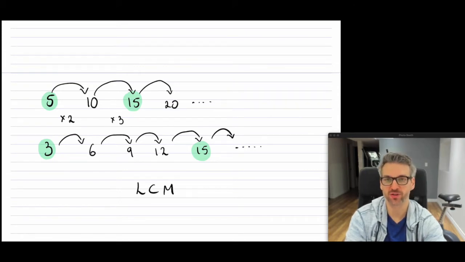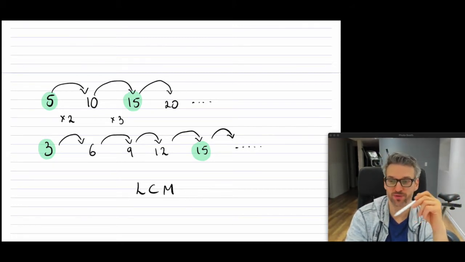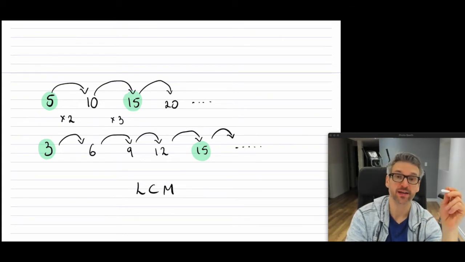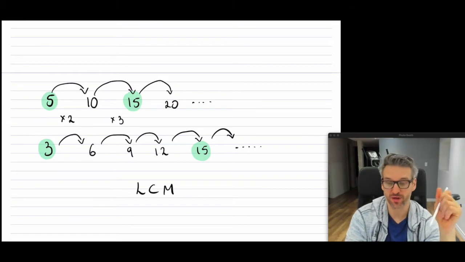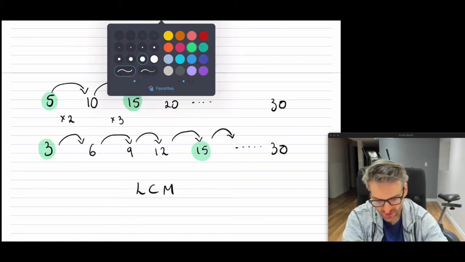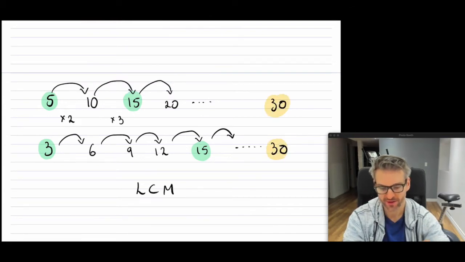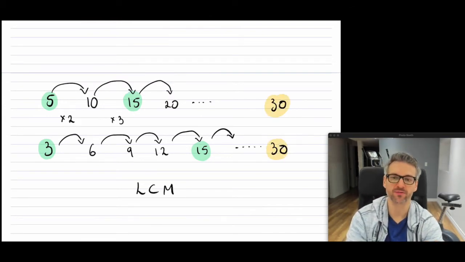If you continue, 15, then 20, 25, and 30. And the multiples of 3 go 6, 9, 12, 15, 18, 21, 24, and so on. The next multiple that both will share is 30, so that's still a common multiple, but it's not the smallest one. Our idea is to find the smallest one possible.